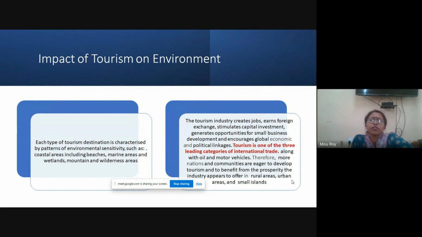Now, there are positive as well as negative impacts of tourism on the environment. Each type of tourism destination is characterized by patterns of environmental sensitivity, such as coastal areas including beaches, marine areas, wetlands, mountains, and wilderness areas. If you visit any beach, you'll find people take baths, and there are lots of food outlets.